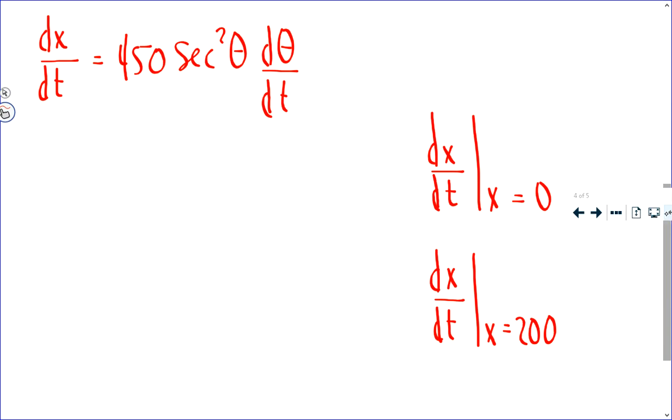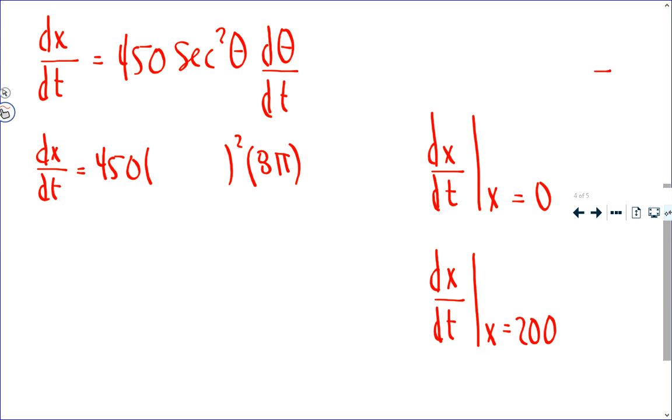For the first problem, our dx dt will be equal to 450 multiplied by the secant squared of the angle, and I'm going to come back to that, times d theta dt, and d theta dt was 8 pi. So what is the secant of theta when x is 0? Well, if you stop and think of the definition of secant, it's reciprocal of cosine.